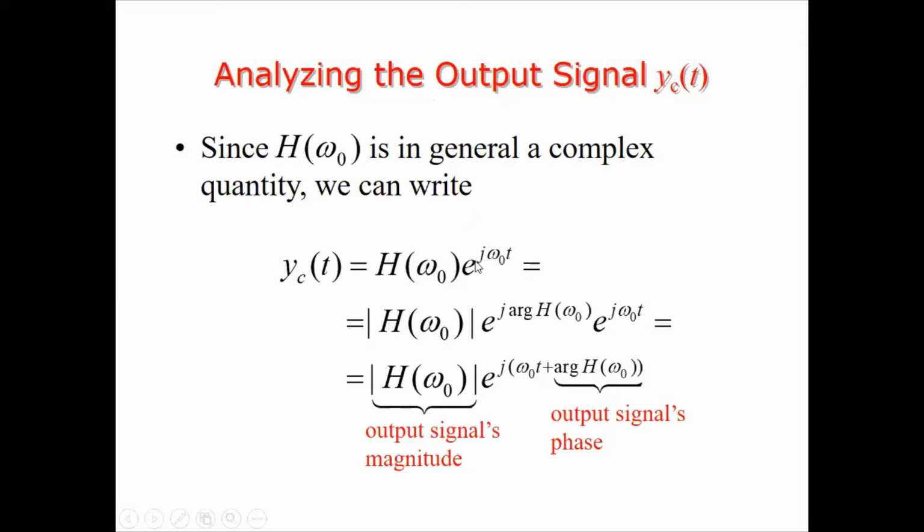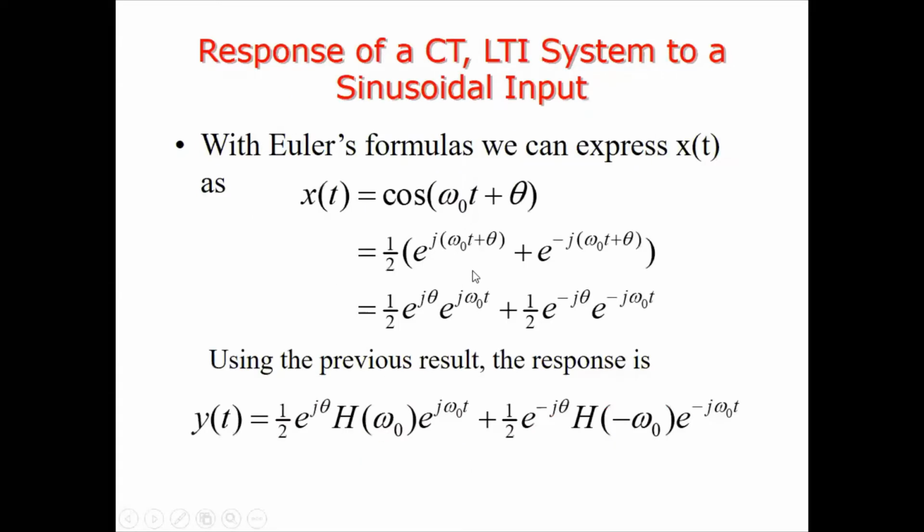Only h of omega naught is getting introduced here, which is the frequency response of h of t, or the Fourier transform of h of t. And since we have a negative sign for the second exponential term, we will have h of minus omega naught.